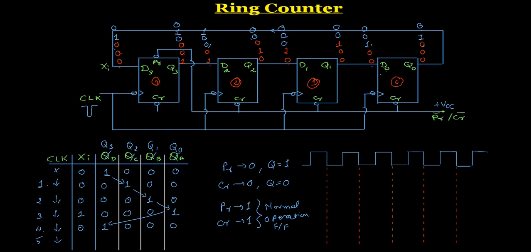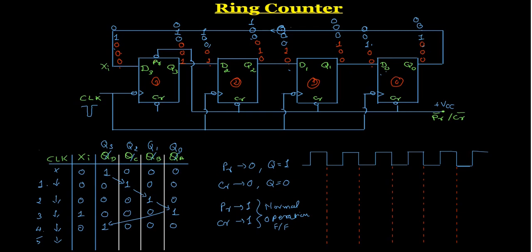Now look at this position: this 1 is going to appear at the output of Q2, the second flip-flop, and the 0 at the input of flip-flop number 1 is going to appear as 0. The input to the last flip-flop is 0, so the output becomes 0.